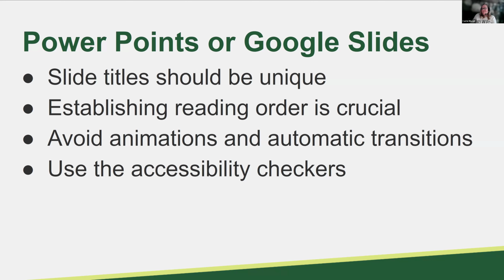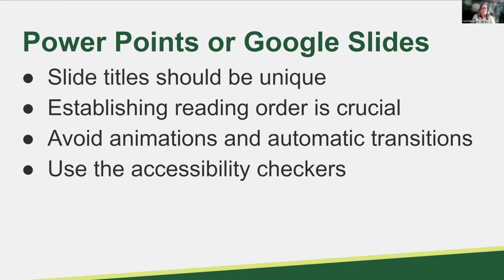Reading order is crucial, and I'm actually going to show you an example of that. One of the big things is if you add a picture to a slide and then you follow it with adding your bullet points of content, and then you follow it by the title, how it is entered into the system is not necessarily going to read to the student from top to bottom.